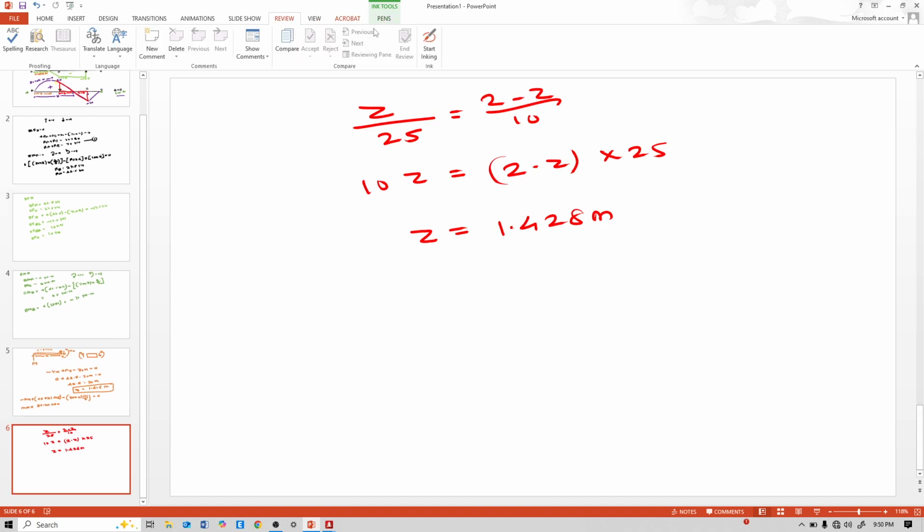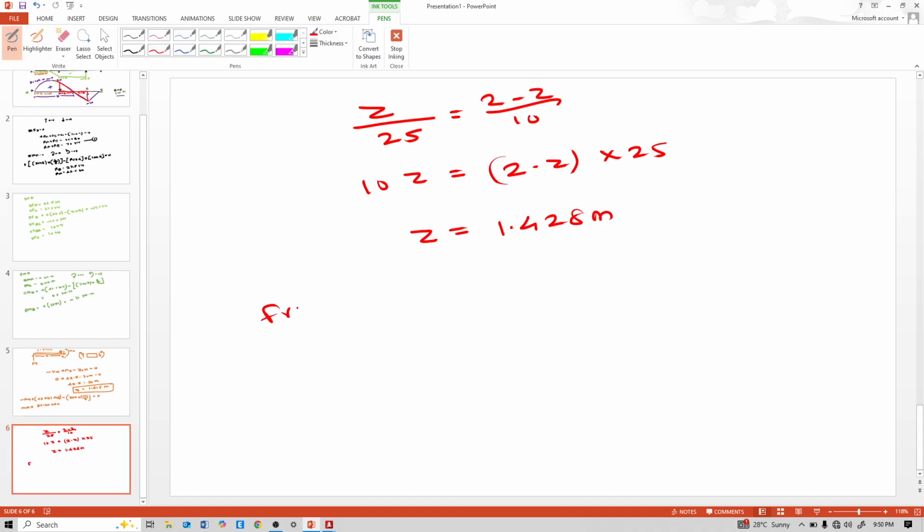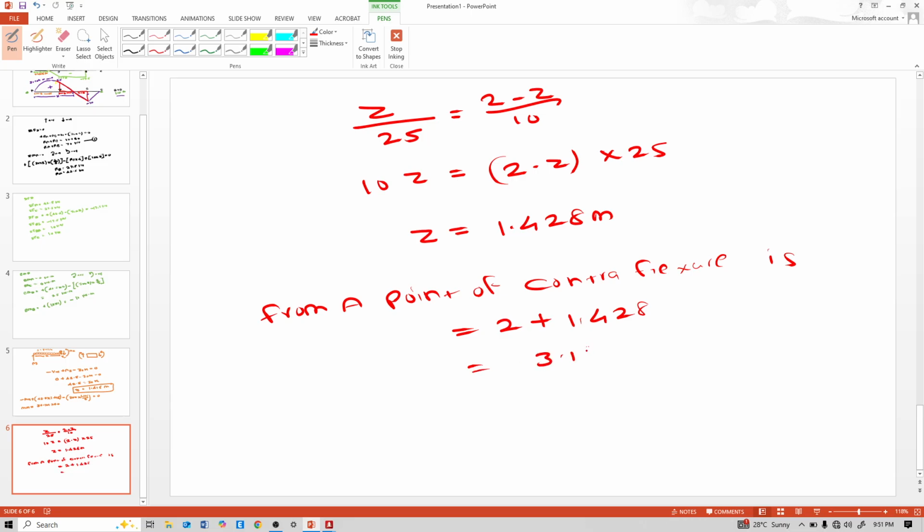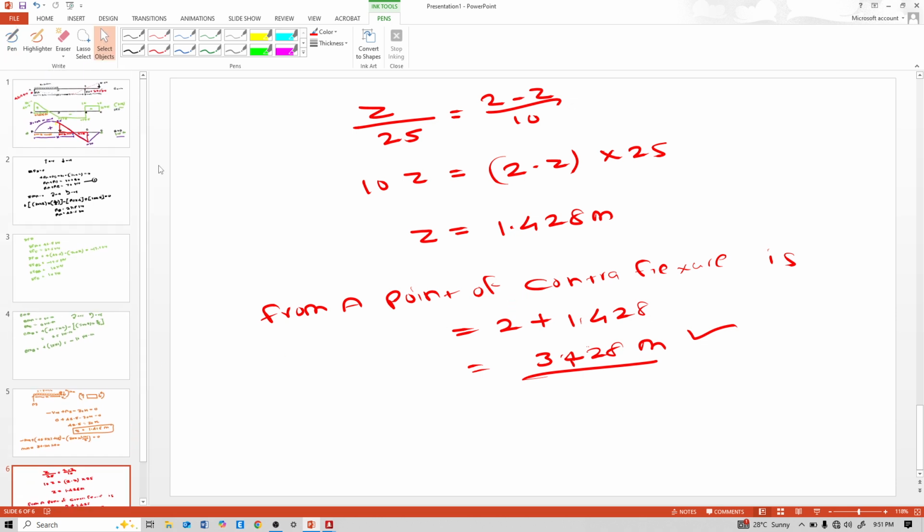So from A, the point of contraflexure is 2 plus 1.428 meter, that means 3.428 meter. So that's where our manual calculation is complete.